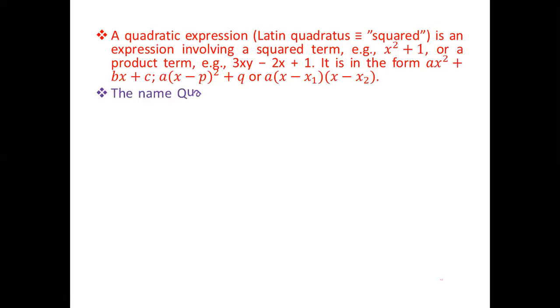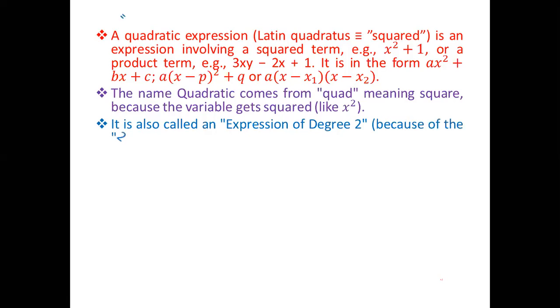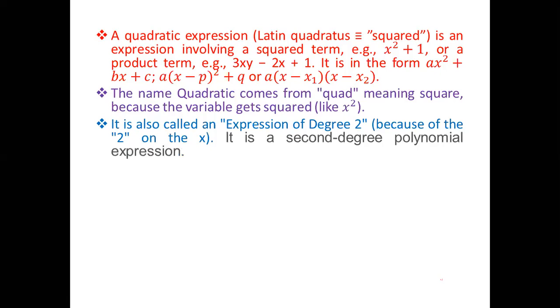Now, the name quadratic comes from the word quad, meaning square, because the variable gets squared, like x squared. It is also called an expression of degree 2 because of the 2 on the x. It is a second degree polynomial expression.